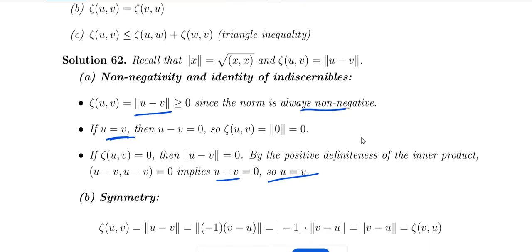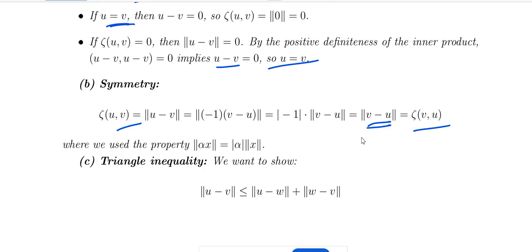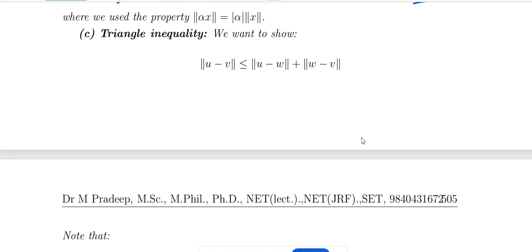And another one, the symmetric property: distance of u comma v is norm of u minus v. If you take minus out, it becomes mod of minus 1 into norm of v minus u, and mod of minus 1 is the real number 1. So norm of u minus v equals norm of v minus u. So distance of u comma v is always equal to distance of v comma u. And the triangle inequality is also true, and it is very easy.